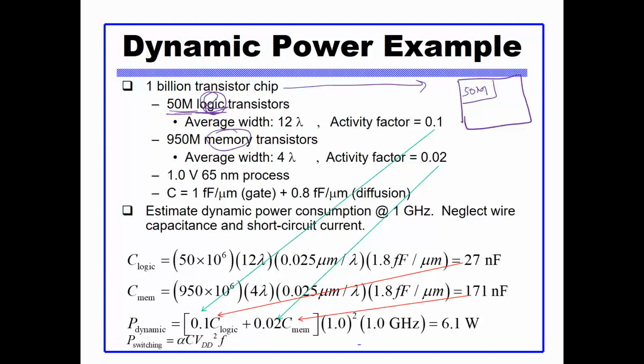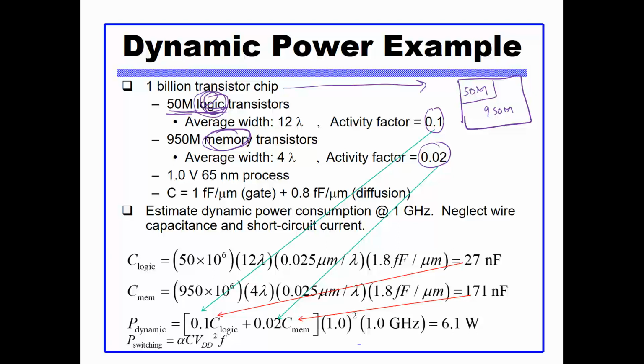And then I have 950 million of memory. Okay, so typically, by the way, logic transistors are more active than memory circuits or transistors. So you can see the activity factor is 10% for logic, and here is 2% for the memory.